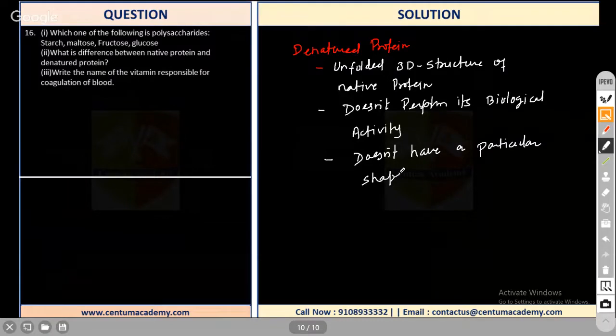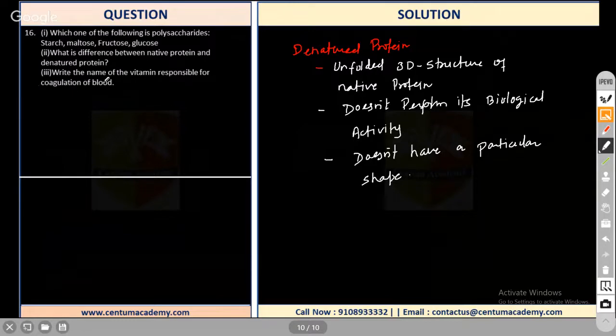But native protein does have a particular shape, performs its biological activity, and has a three-dimensional structure which is responsible for its biological activity. So these are the differences between native protein and denatured protein.